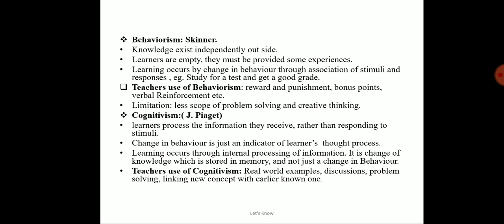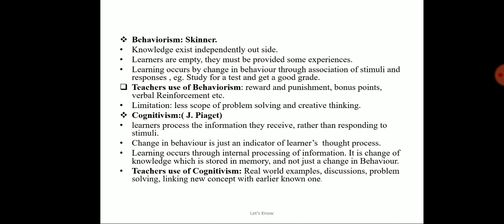Okay, second one is cognitivism. Here you see some points that can be discussed. You can read out these things. This theory is based on the thought process which is responsible for the change in behavior.